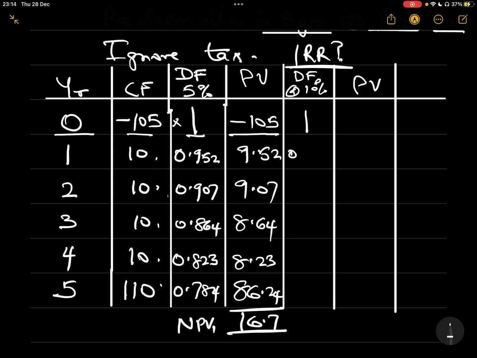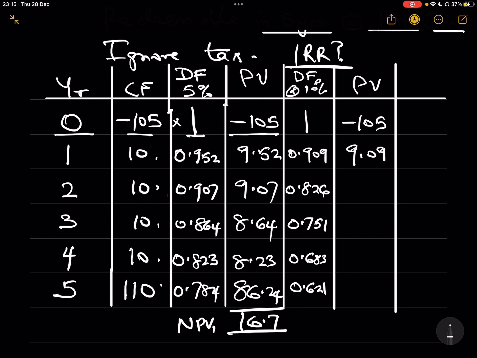Then you have 0.909 for year 1 at 10%, 0.826, 0.751, 0.683, and 0.621. So the PV would be minus 105, 9.09.